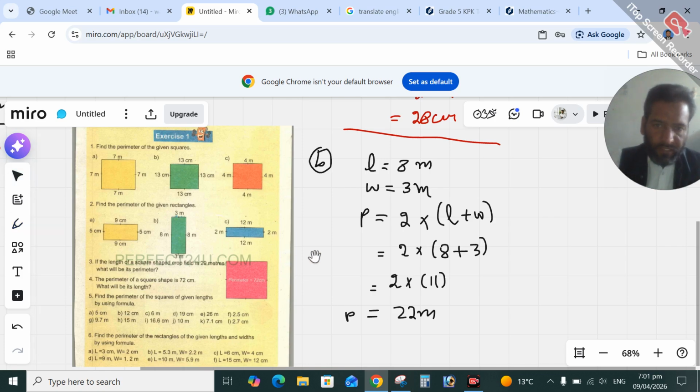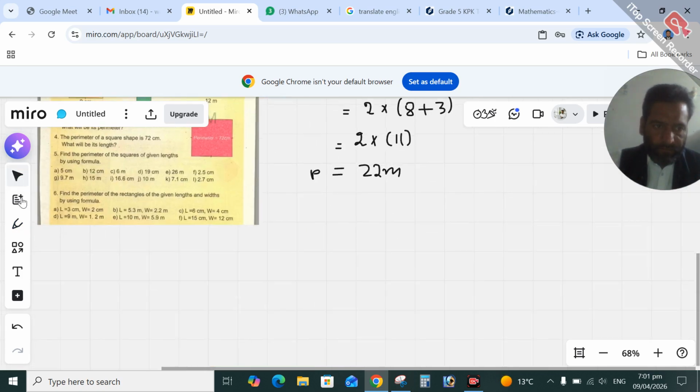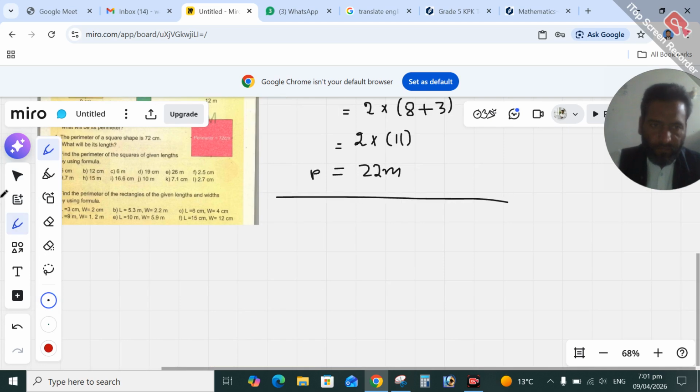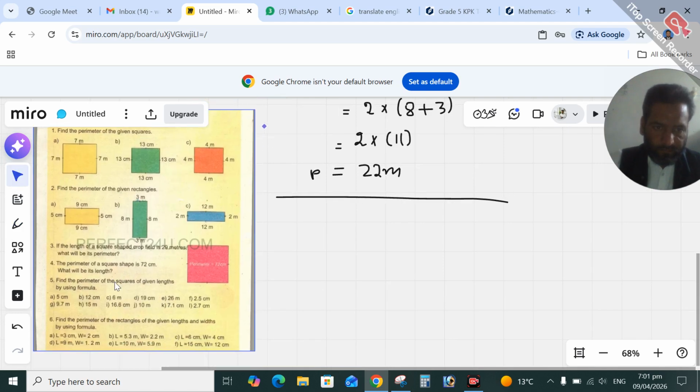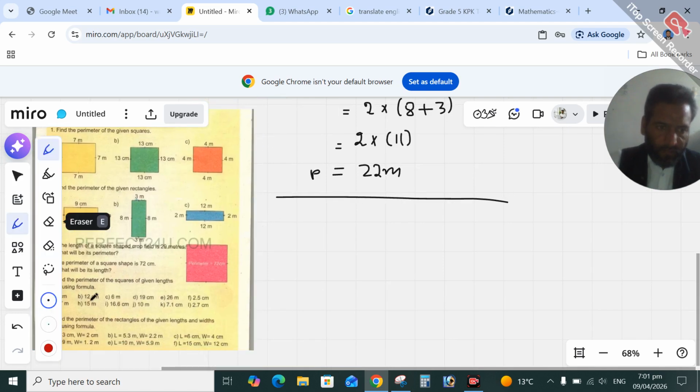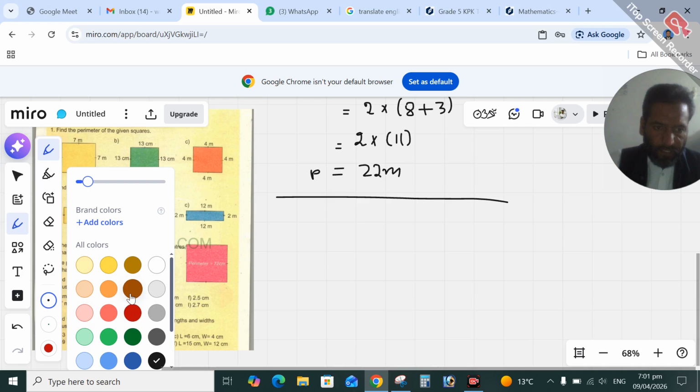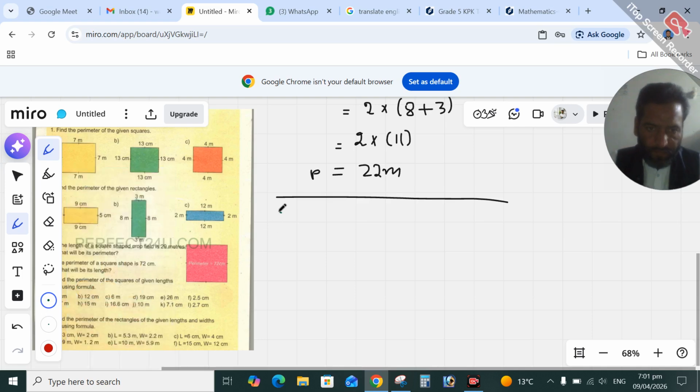Okay, now part number 3. In part number 3, the length of the rectangular shape is 12 meter and the width of the shape is 2 meter.